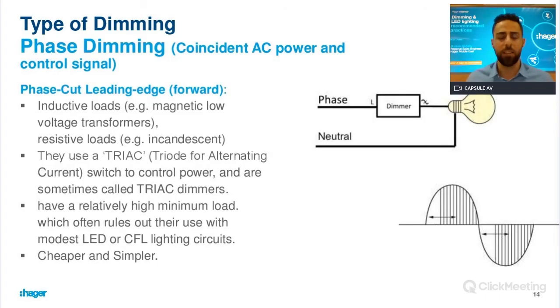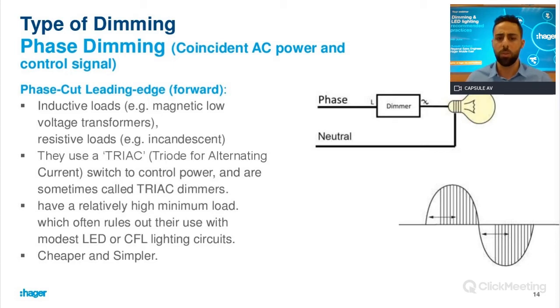In phase cut itself, it has two types. It has the phase cut leading edge and the trailing edge, or in other words, what other people know as the forward and the reverse. It started with the phase cut leading edge. It was initially launched to control incandescent lights and normal magnetic low voltage transformers. It was also named triac dimmers. In many areas, we can read it as triac dimmer.